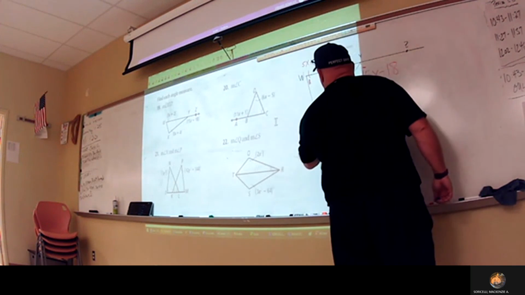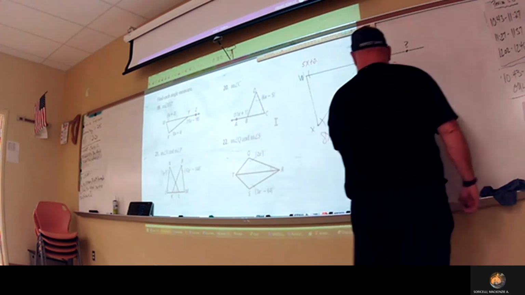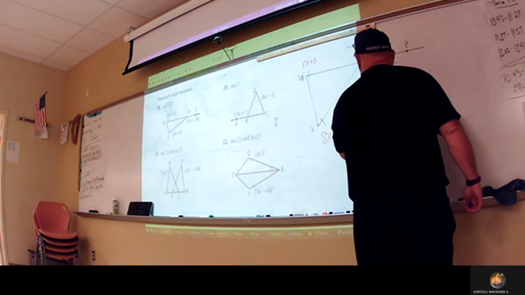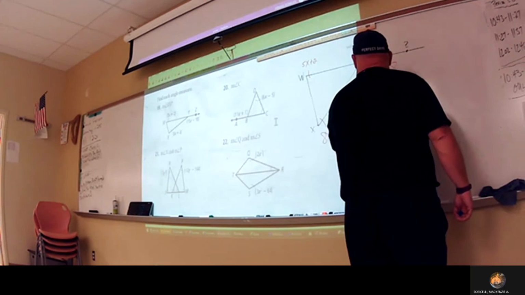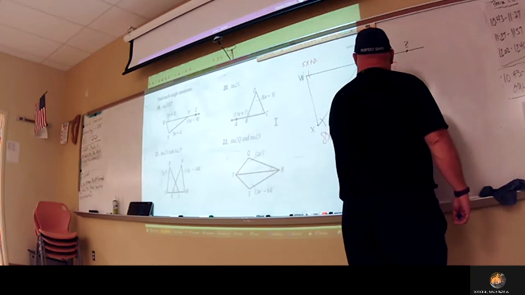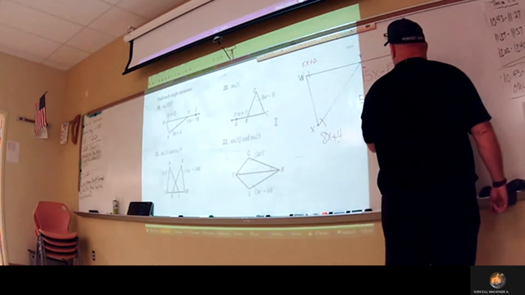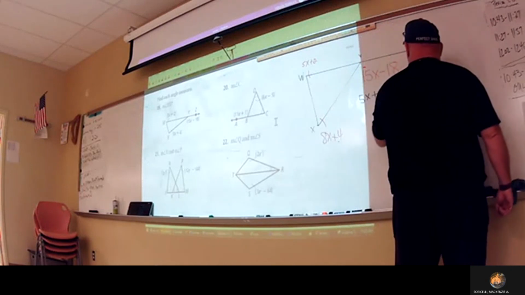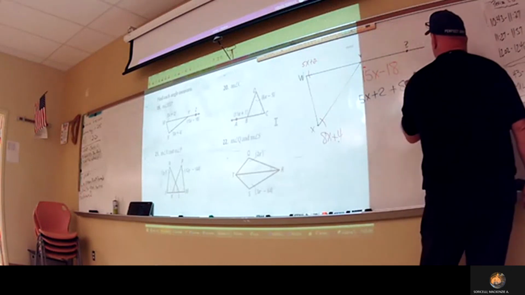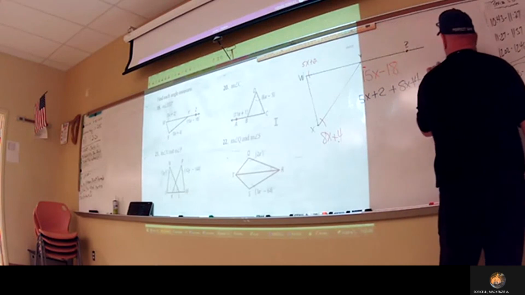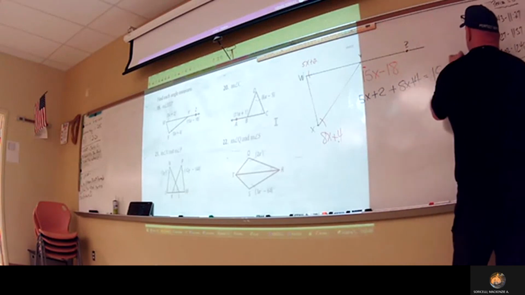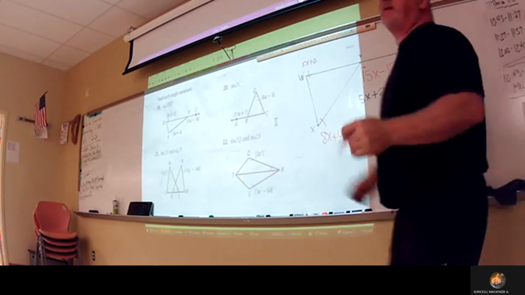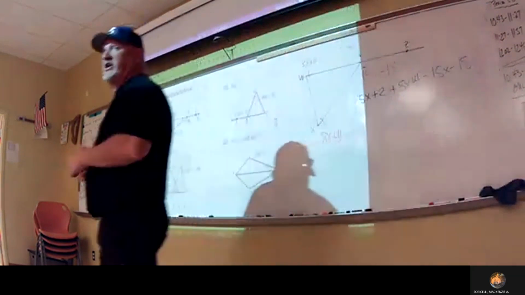So, I can erase that. So, Julie said 5x plus 2 plus 8x plus 4 equals 15x minus 18. Jordy, does that make sense to you? You know what you did, right?